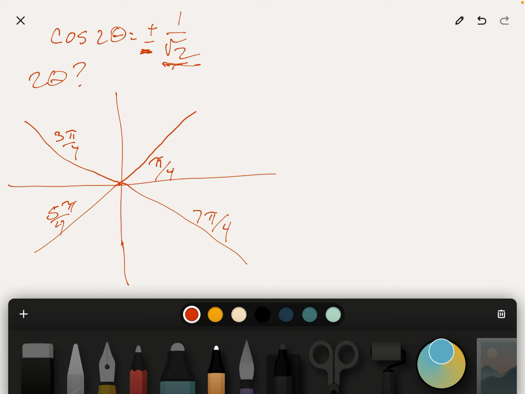And if we're not concerned about the interval, or let's say the interval is infinity, that's where we could write out 2 theta equals pi over 4 plus pi over 2 times n, where n could be 0, 1, 2, 3, ... to infinity.